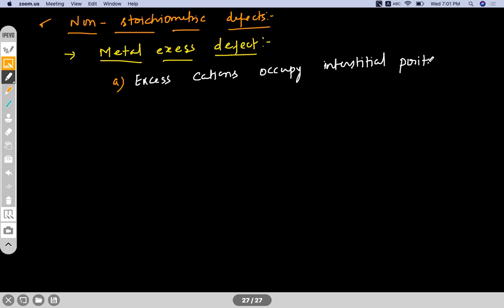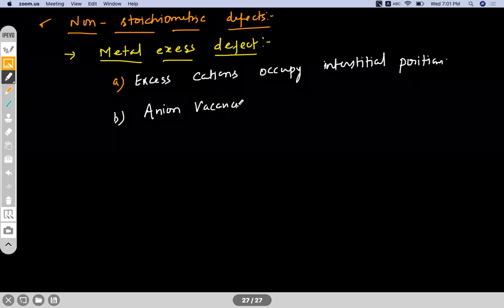So the number of cations increases, metal excess defect. And the second one, we call it anion vacancies.